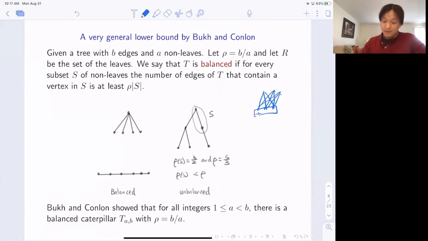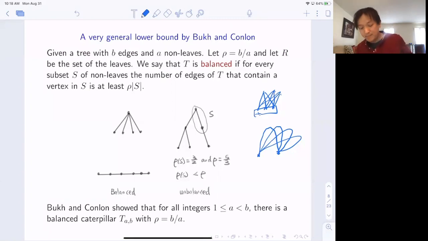If you think about the theta graph, you can think about this as taking a k-path, then taking many of them, sharing the same set of leaves. And here, when I say sharing the same set of leaves, I do insist that outside the leaves, they are internally disjoint. So they observed that maybe something more general is true. Maybe you can do this kind of operation to every reasonable tree and get a corresponding bipartite graph for which we can say a lot.